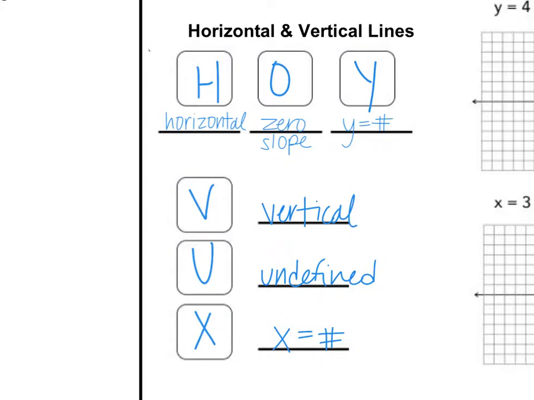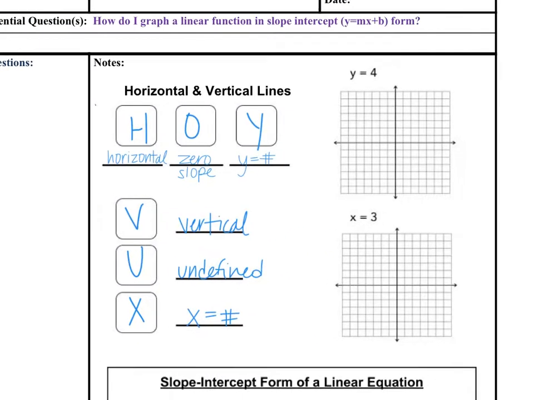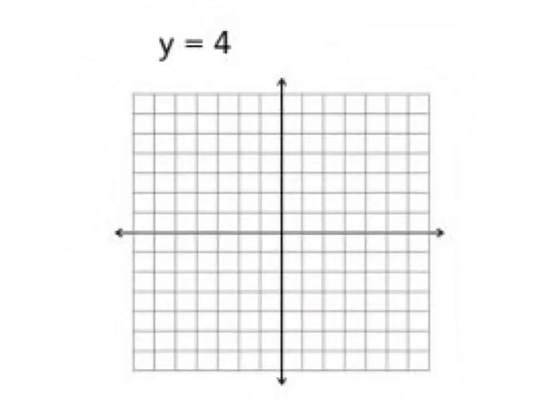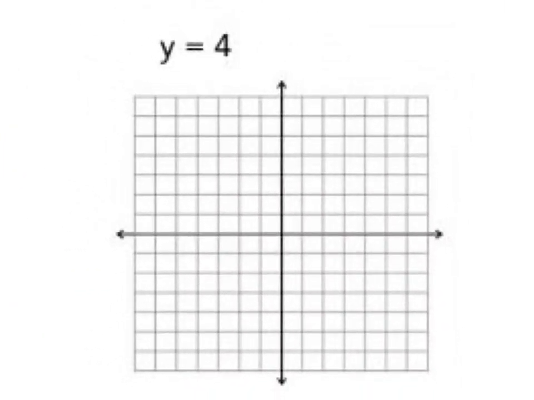We're going to graph 2 lines. Y equals 4. That is y equals a number, so should it be horizontal or vertical? Should be horizontal. Here's another way to think about that. Y equals 4. That's on the y-axis, right here. The only way it makes sense to graph this line is so it goes through that point.